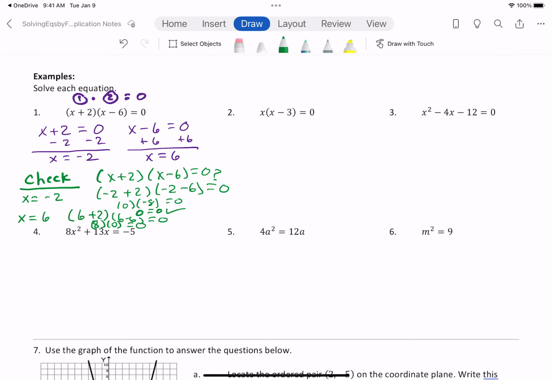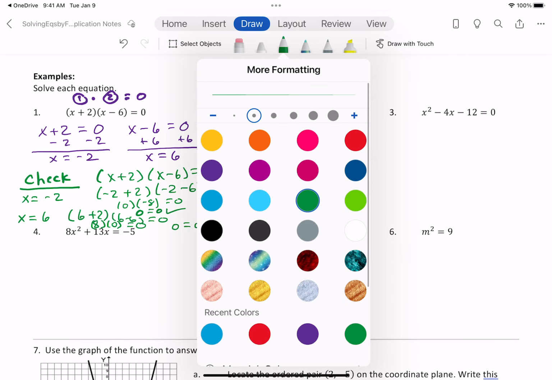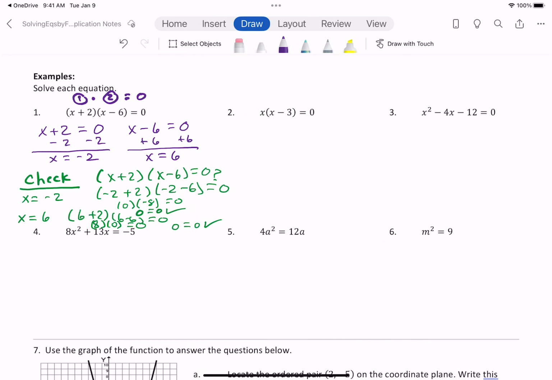And of course 8 times 0 is indeed 0. So we get a true statement again, 0 equals 0. So what that means is my two solutions are x equal to -2, x equal to 6. Those are the two solutions to our equation.